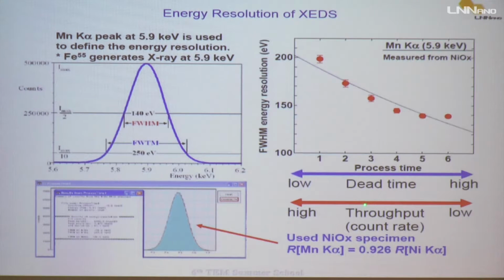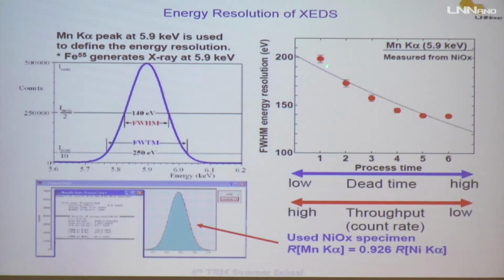Why am I talking about the dead time? Because with a large dead time, I will start to have loss of resolution in this experiment, in the detection of the X-rays.